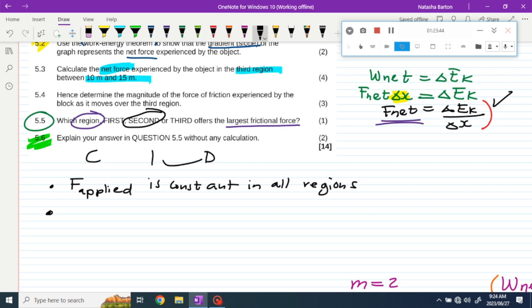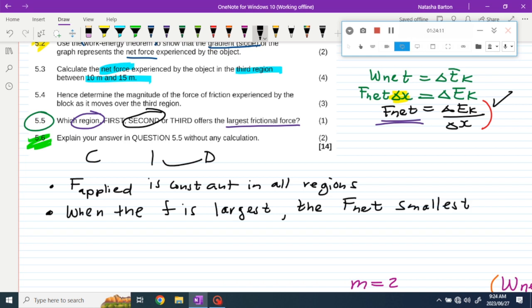It changes the net force. When the friction is small, the net force is high. When the friction is high, the net force is low. So now we are going to say, since this is the same in all regions, I'm going to state this the right way: when the friction is large or largest, the net force is going to be the smallest.